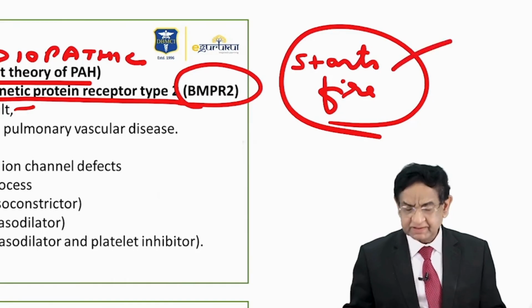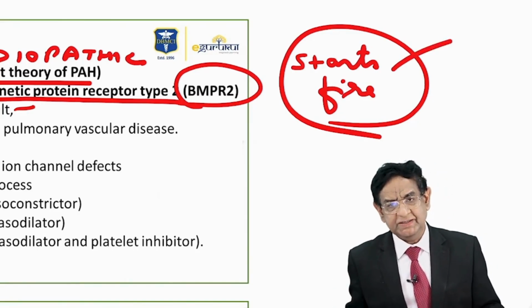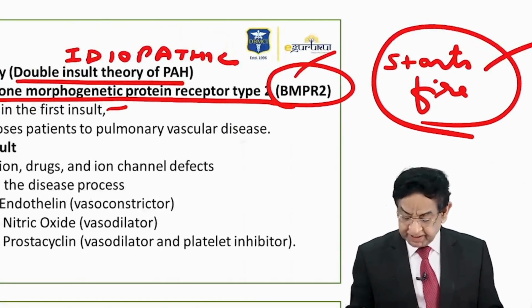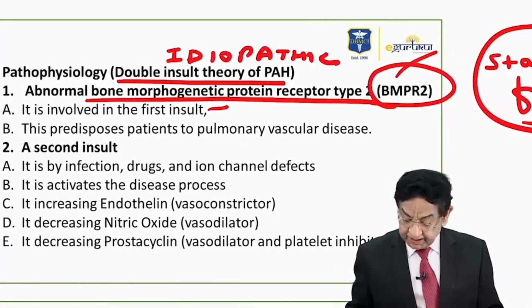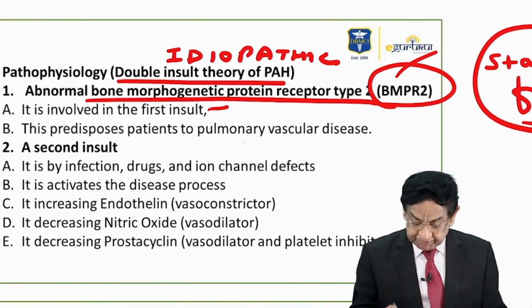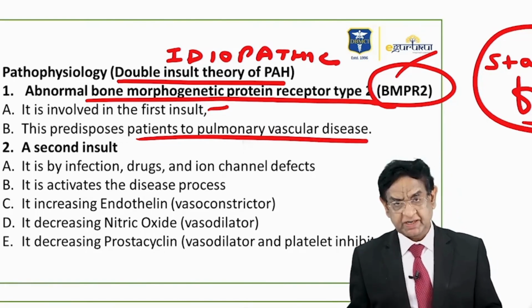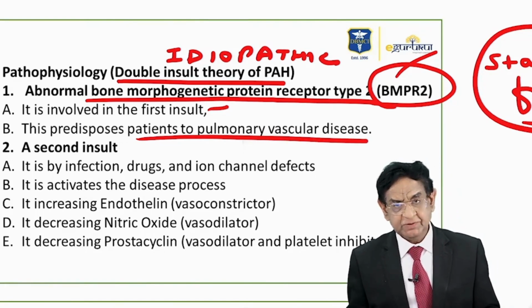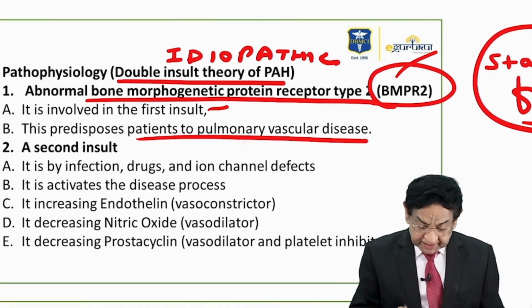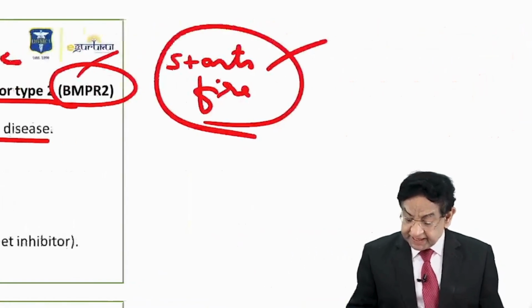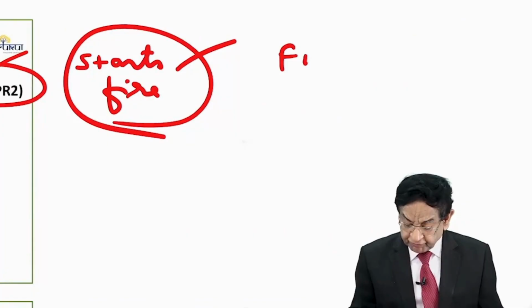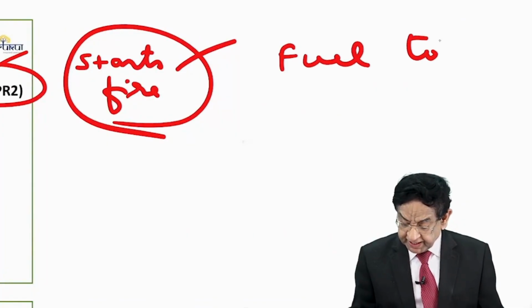This starting of the car is by BMPR2, and it is this which predisposes the patient to pulmonary vascular disease. Understood? Now the second insult, that is adding fuel to the fire.